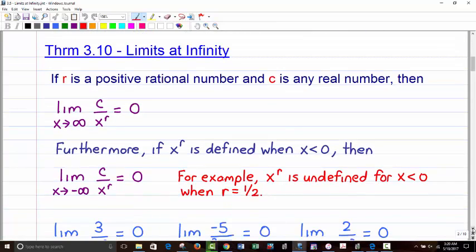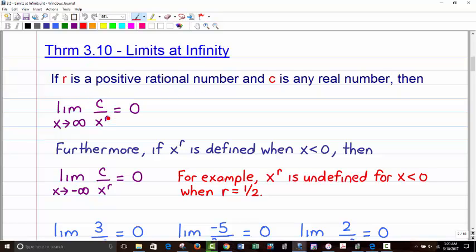All right, here's a little theorem on limits at infinity. This says r has to be a positive rational number, rational meaning either integer or fraction, and c being any real number.